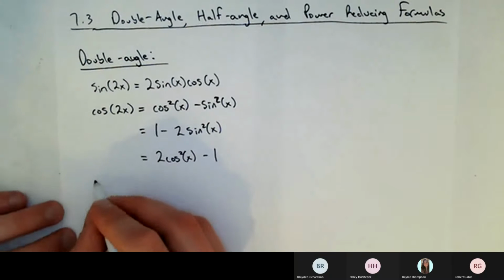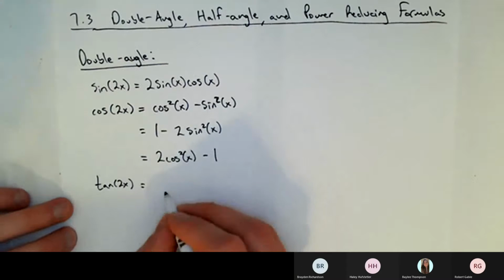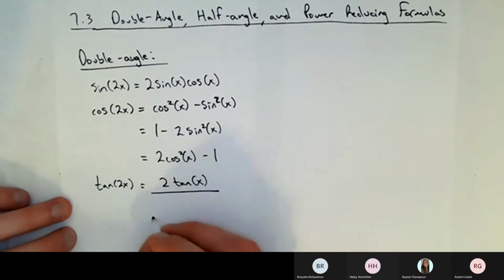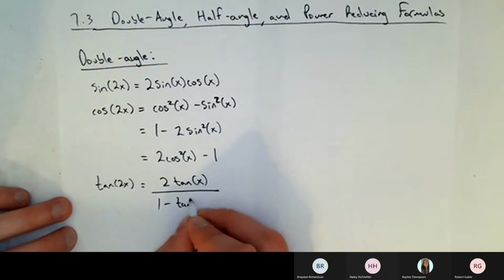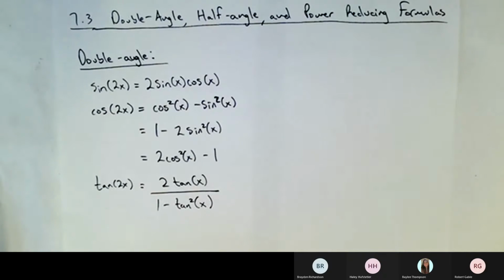Okay, and then I have my tangent of 2x, which always looks a little bit different. These formulas for tangent always look a little bit more involved. There are my double angle formulas. Sine of 2x, cosine of 2x, and tangent of 2x.